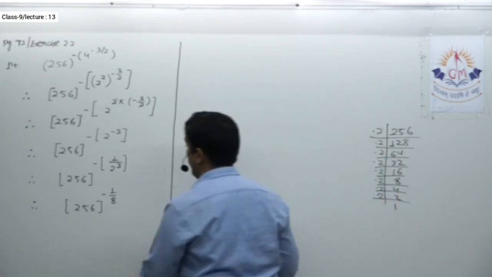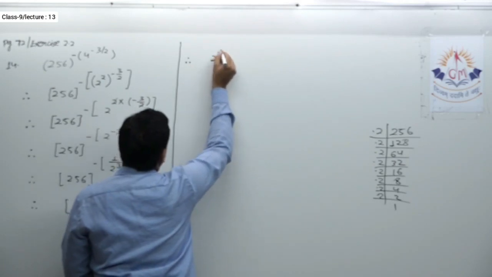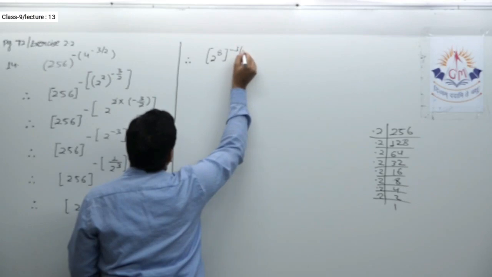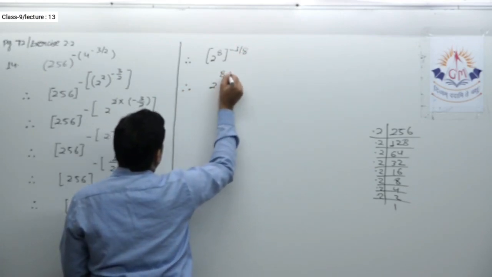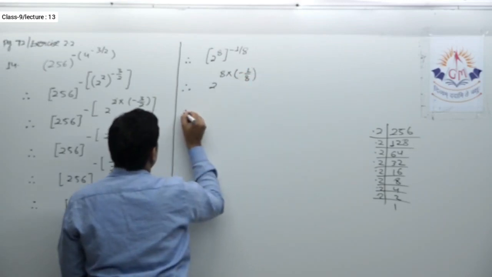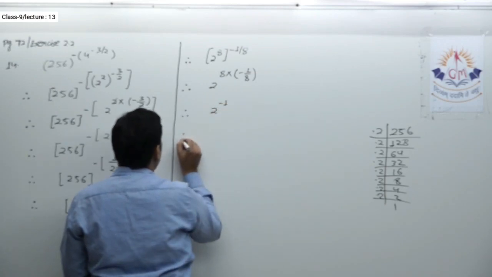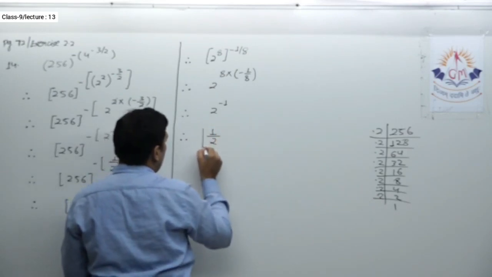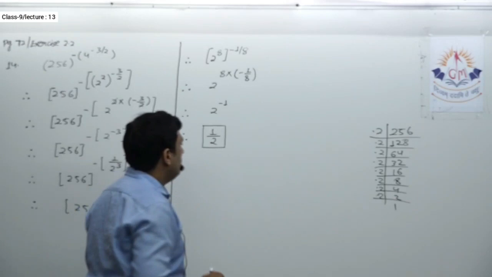Yes, it is exactly 2 raised to 8. So therefore here I can write 2 raised to 8 raised to minus 1 upon 8. This can be written as 2 raised to 8 multiplied by minus 1 upon 8. So this will become 2 raised to minus 1 or 1 upon 2. So this is my final answer, 1 upon 2.